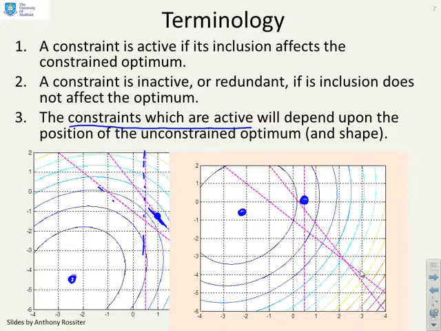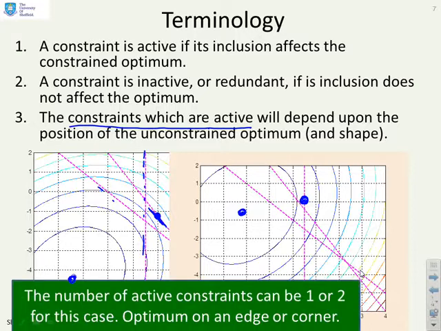So you'll see now different constraints are active to before and different constraints are redundant. The number of active constraints in this particular case could be 1 or 2, because the constrained optimum could be on a side or it could be on a corner.